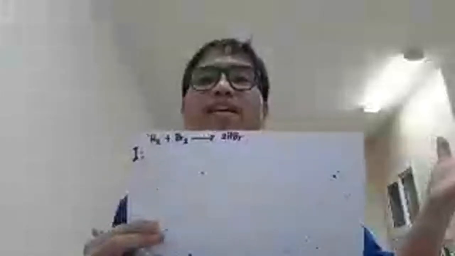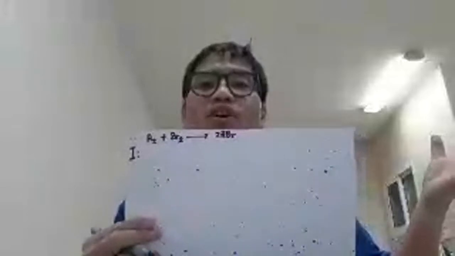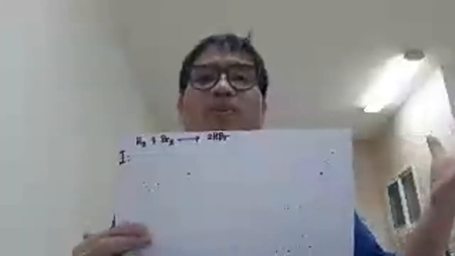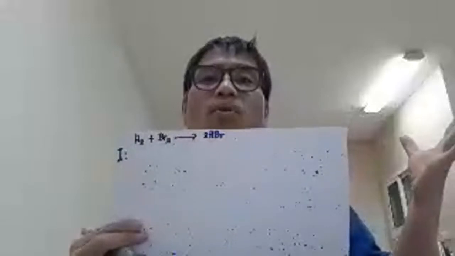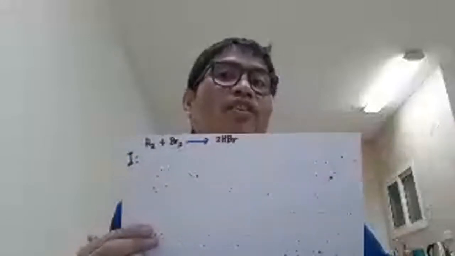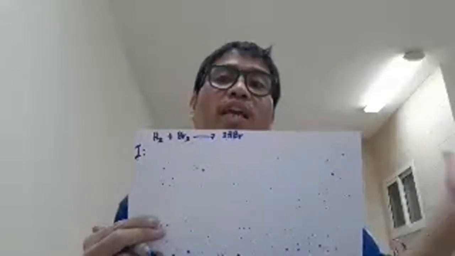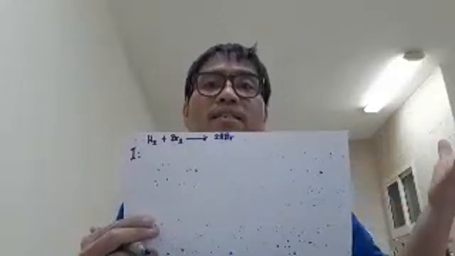Recalling the colligative properties, the formula of molarity is moles of solute per liter of solution. Now inspecting the numerator and denominator, we can get the moles of solute because we have the grams of H2 and Br2 initially, with the relationship of their molecular weights, or their molar masses, right?